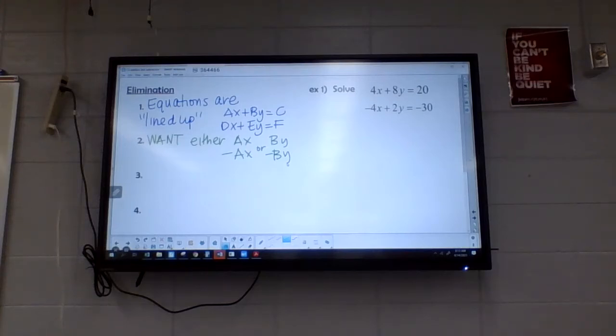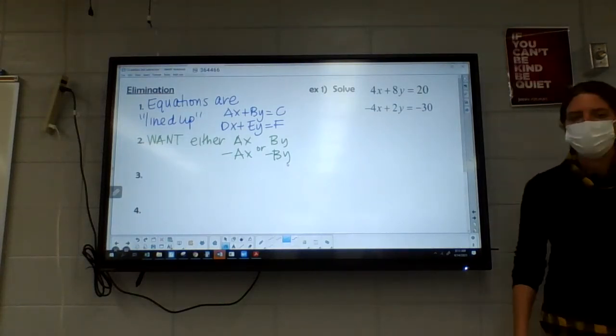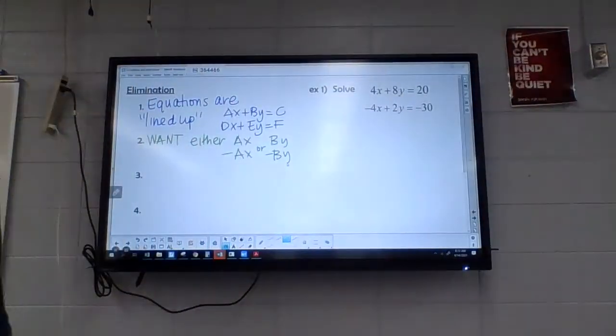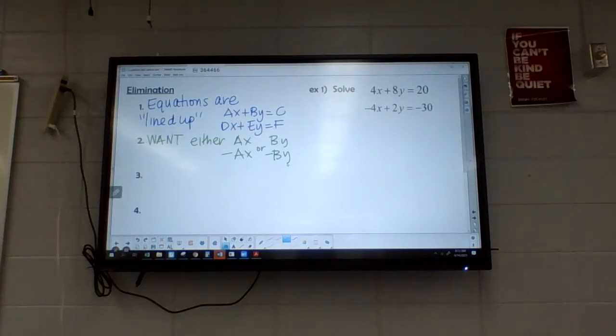I'm using A and B as an example, but obviously we'll have numbers to work with. That's what I want them to look like.